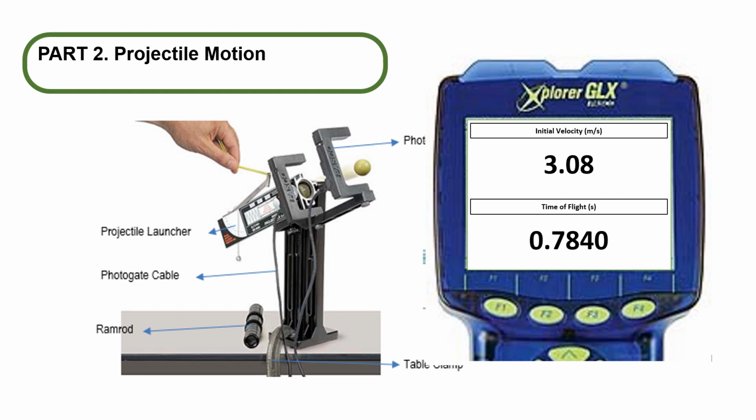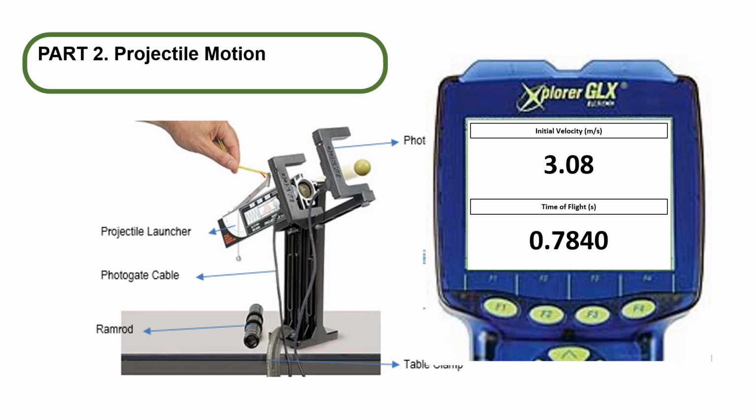So we need to launch the plastic ball by just pulling the string here. What will happen is that the plastic ball should touch the time of flight accessory.